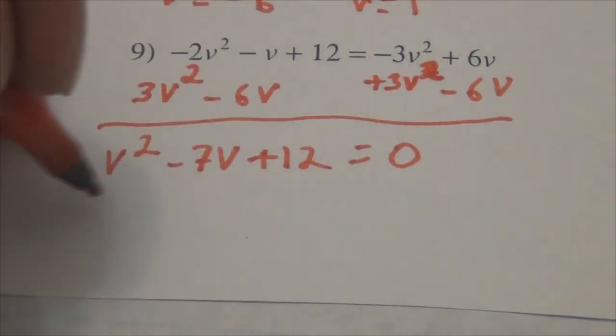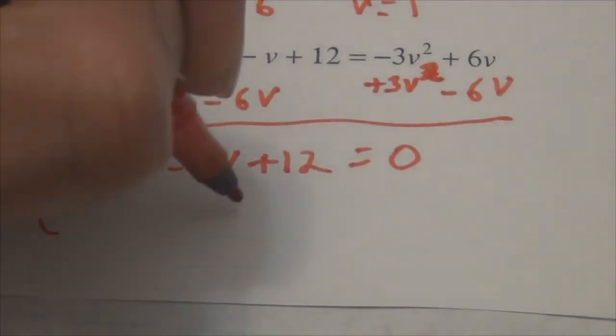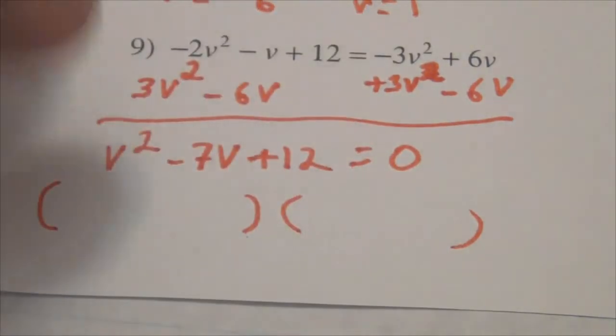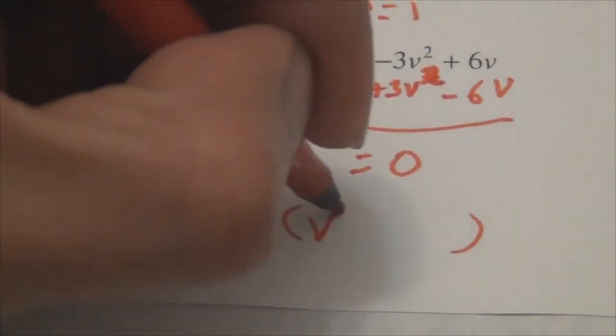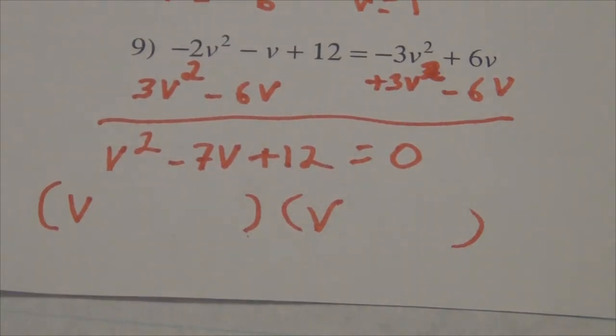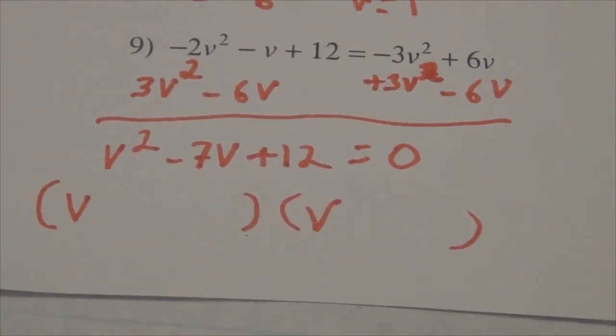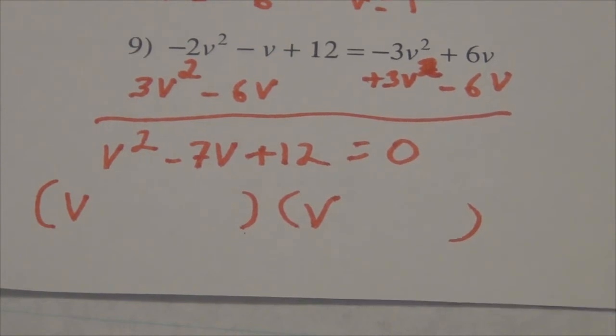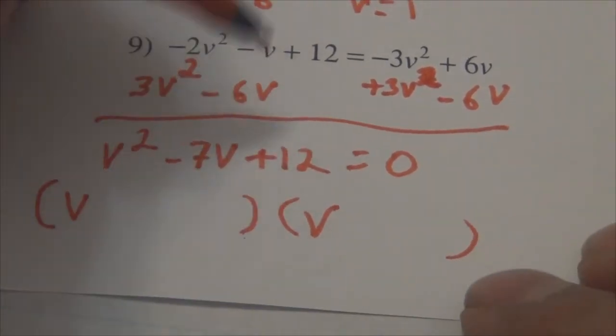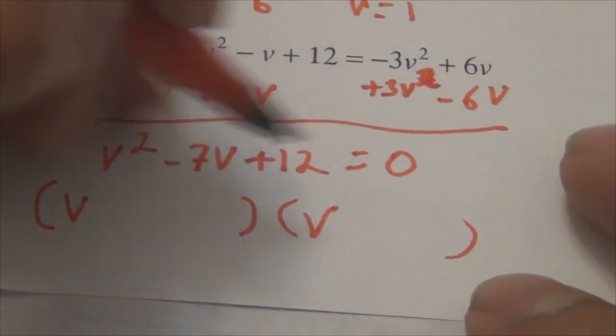Let's factor now. I know there is no greatest common factor because the coefficient of the square term is 1. So, b, b. And now, factors of 12, 4 and 3, right?